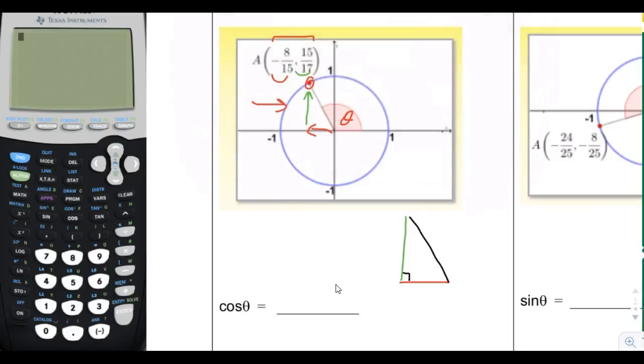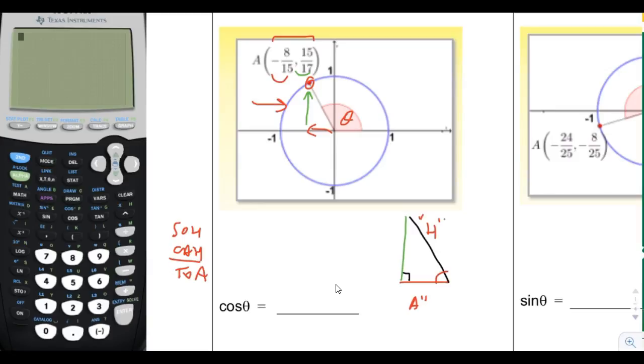We want to know what the cosine of theta is. Remember, the cosine is going to be equal to the adjacent over the hypotenuse, because of SOH CAH TOA.